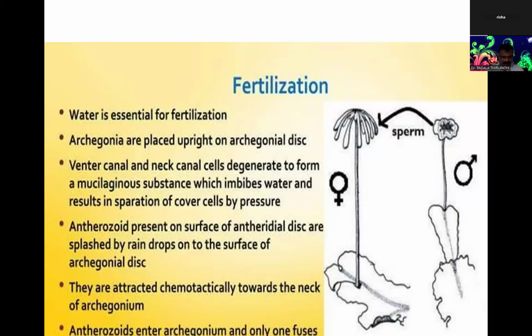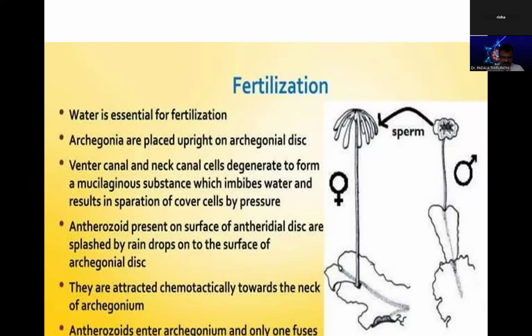After the maturation of the archegonia, the venter canal cell above the egg cell will disintegrate, as well as the neck canal cells present in the neck region. They disintegrate to form a mucilaginous substance which helps to imbibe water, and results in separation of cover cells by pressure from the inner cells.